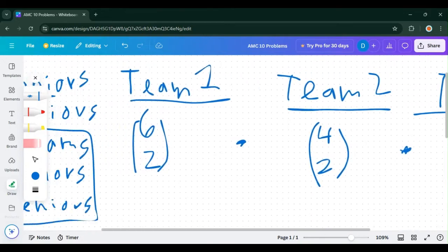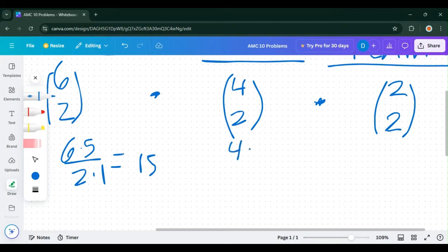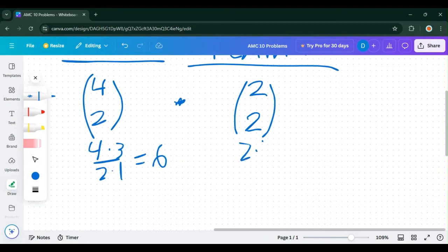So we can calculate this. This is 6 times 5 divided by 2 times 1, which is 15. We have 4 times 3 divided by 2 times 1, which is 6. We have 2 times 1 divided by 2 times 1, which is equal to 1.